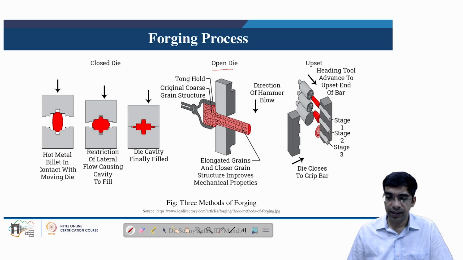And subsequently, we can see the use of upsetting, where a heading tool is advanced to upset the end of a bar, and this can be done at various stages, thereby increasing the contact area of the product.